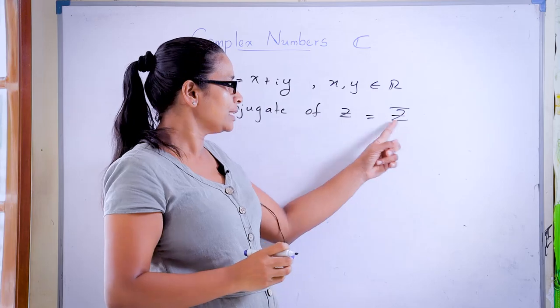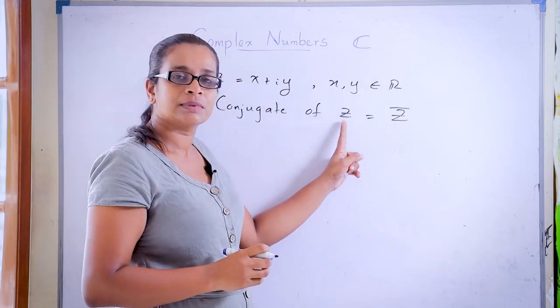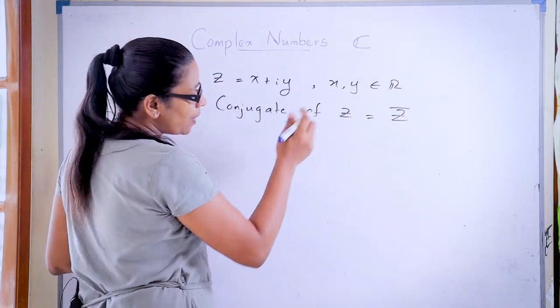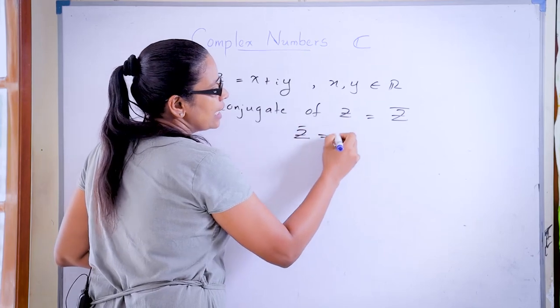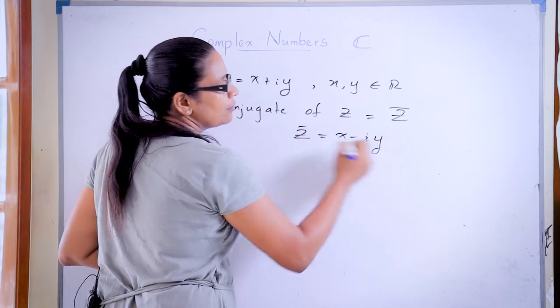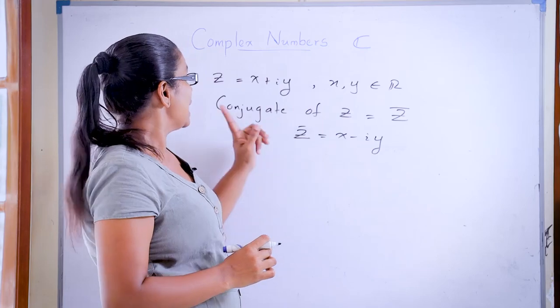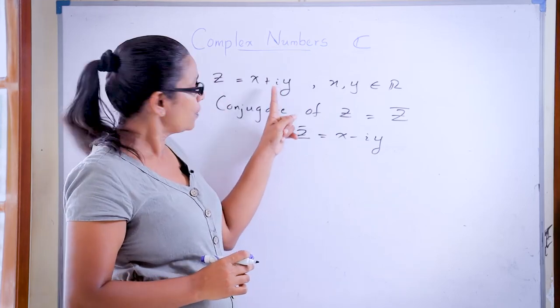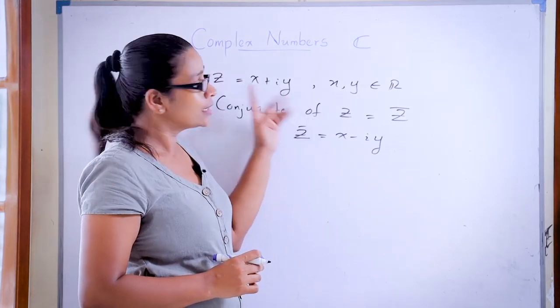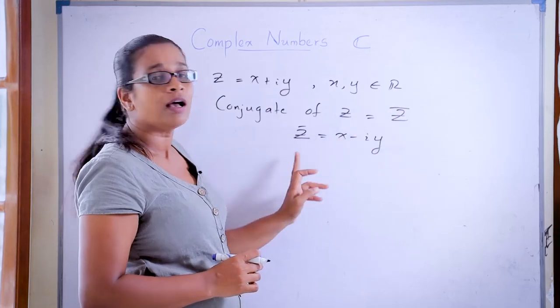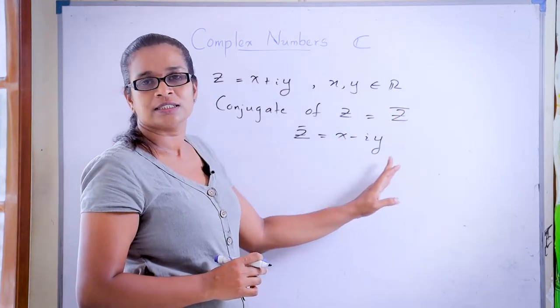Z bar indicates the conjugate of this complex number, and you can write Z bar as x minus iy. Can you understand? If Z is equal to x plus iy, then Z bar equals x minus iy.